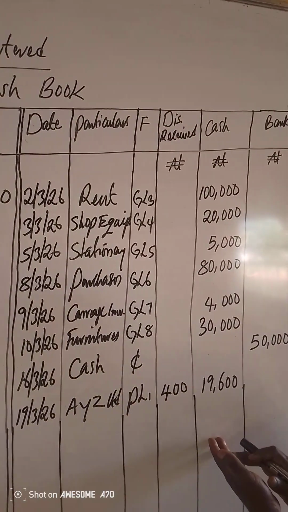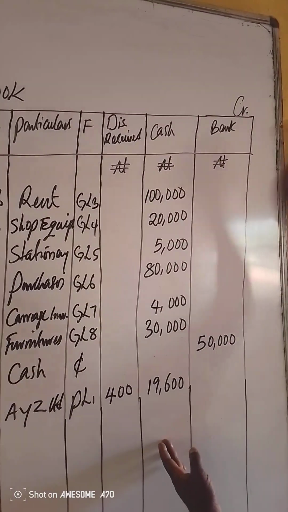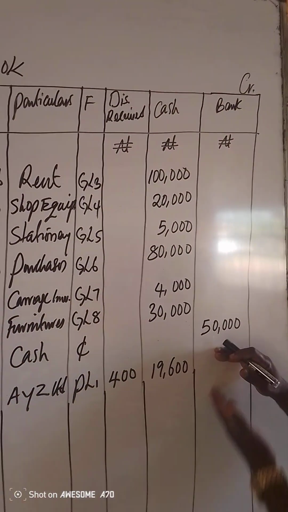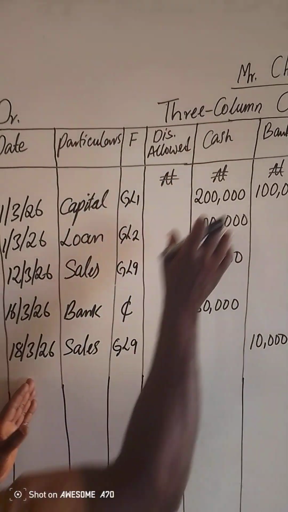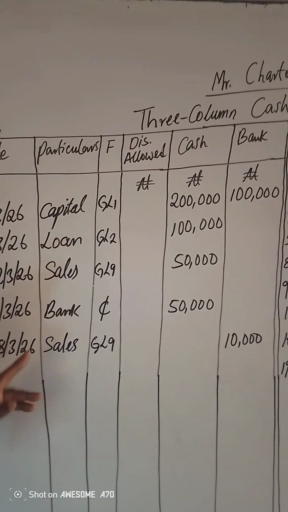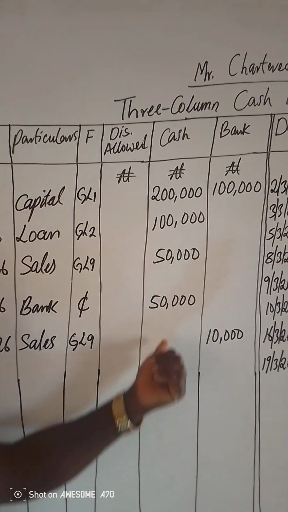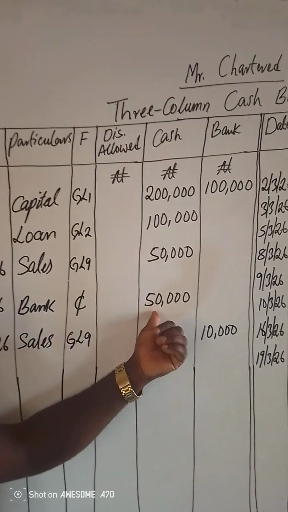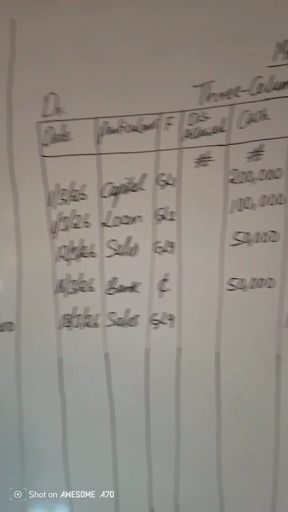But if you hold this constant, you know that as money is going out of bank to cash, it must be recorded on the bank. So quickly, here the receiver account is cash, and bank will be held constant. We now say cash is receiving from bank, and this is a contra entry, and the amount is settled into cash for the business to use for any purpose they want.